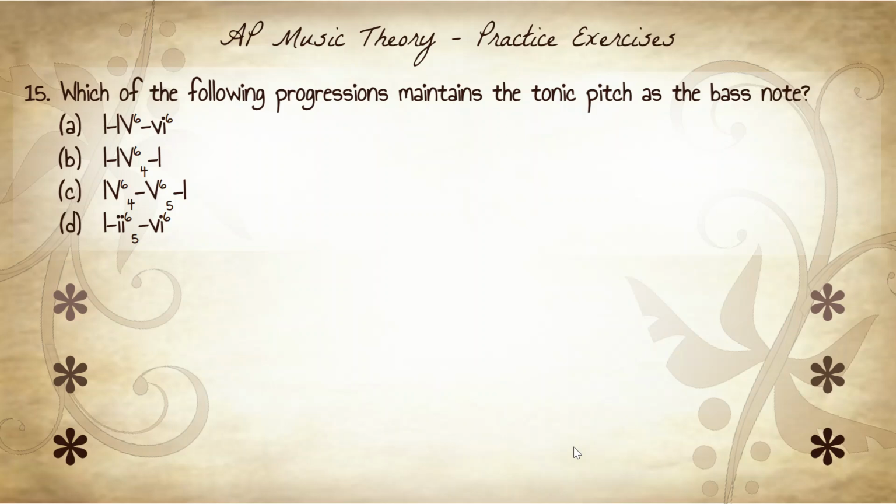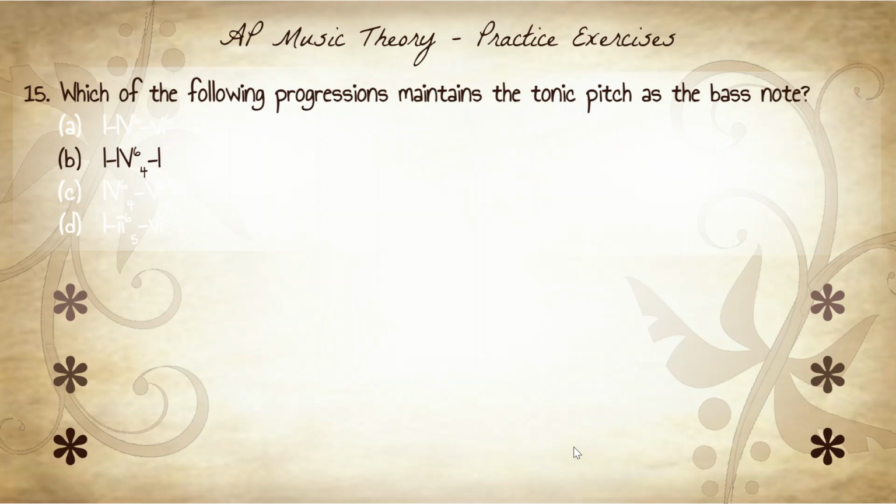Or is it D, tonic to supertonic seventh first inversion to submediant first inversion? Correct answer is B. The tonic is maintained as the bass note in tonic to the second inversion subdominant to the tonic. Also an example of a pedal second inversion chord.